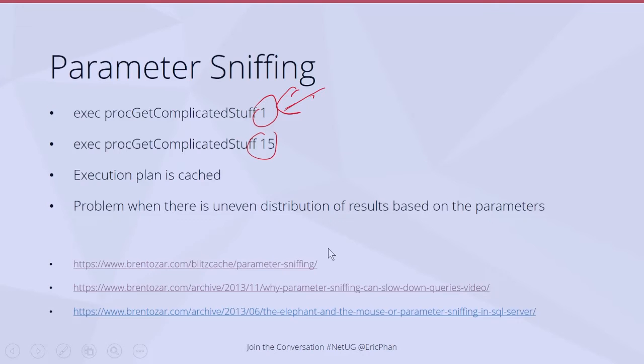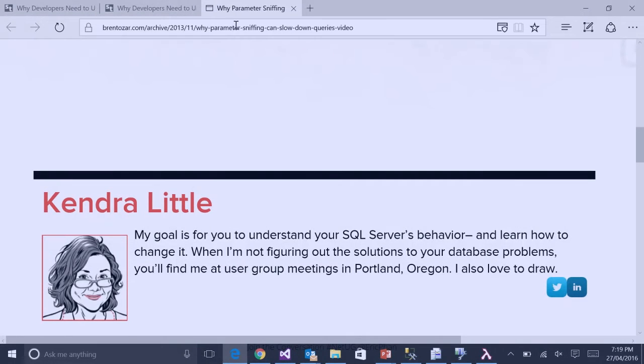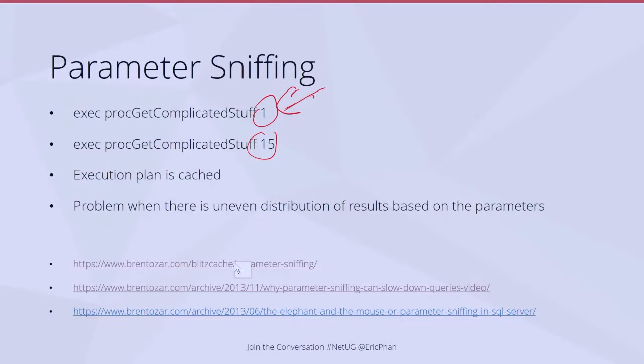Oh, I think that didn't actually go to the right one, parameter sniffing. You can go to the links after. I've got a link that you can access. But definitely check out those ones, because you'll hit these in production environments more often than not rather than in your development environments.